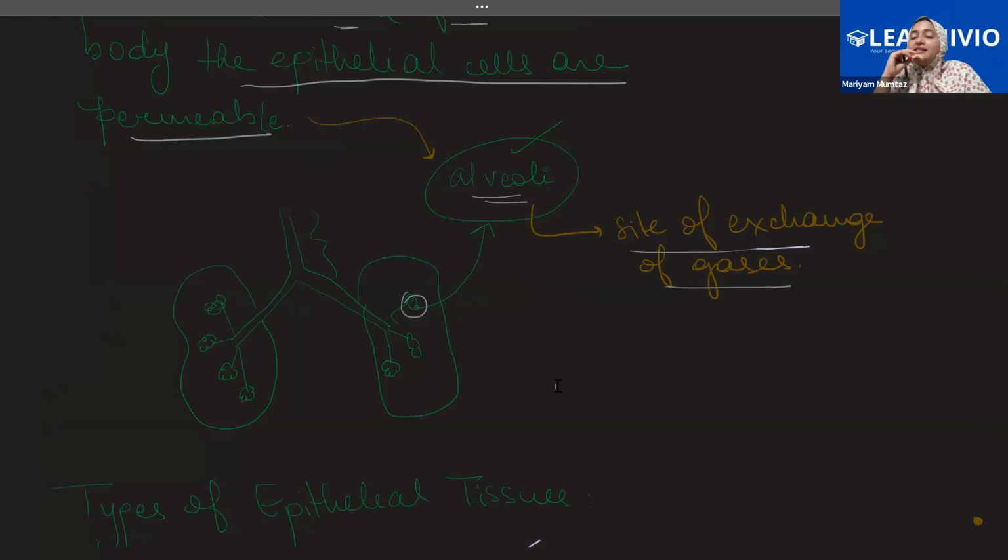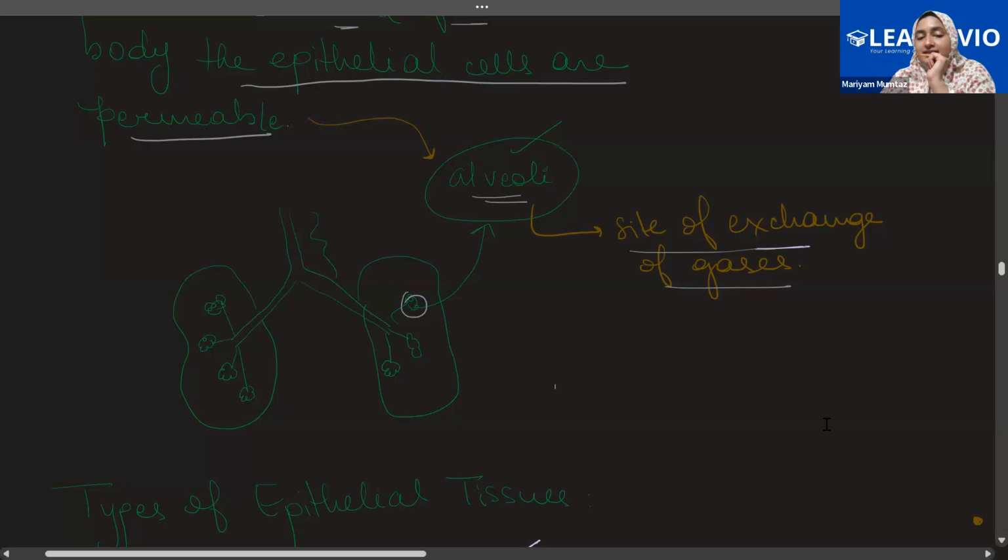The oxygen from the alveoli diffuses into the blood and the CO2 from the blood comes into the alveoli. So exchange of gases is taking place, right? And this exchange of gas is taking place because the alveoli has epithelial tissue present in it. Because of the presence of epithelial tissue, the alveoli is able to do the exchange of gases.